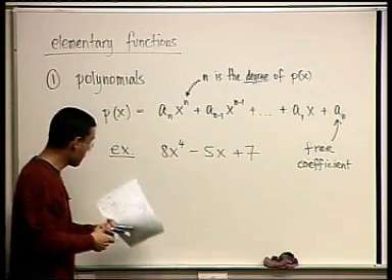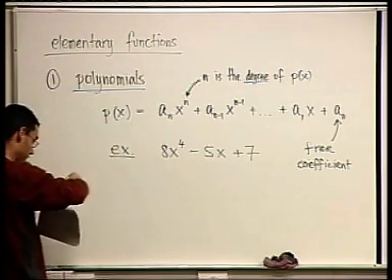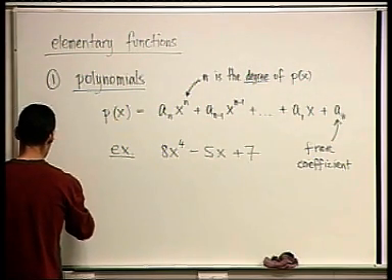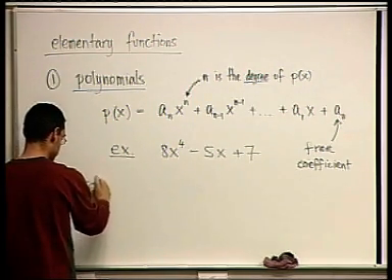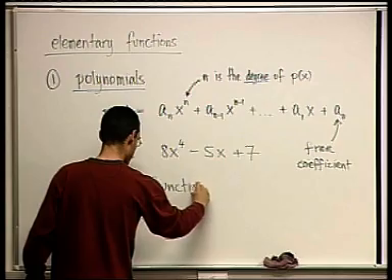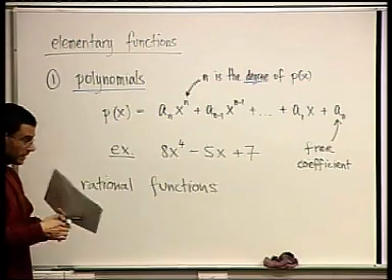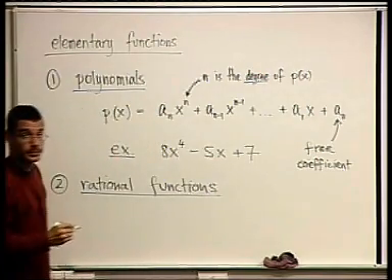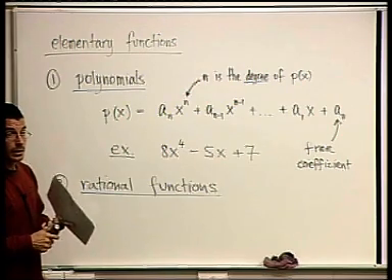Yes. Okay. So these are polynomials. That's the first family of elementary functions. The second family is related. They're relatives of the first family. These are called rational functions. Do you remember what rational numbers are? How did we define the rational numbers? Q, m over n, with m and n elements of the integers.